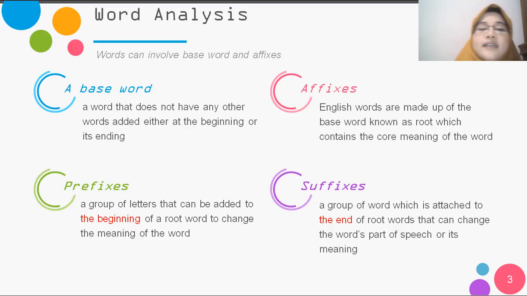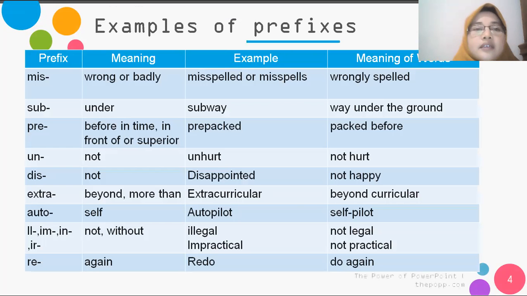Then suffixes are groups of letters attached to the end of root words that can change the word's part of speech or its meaning. So a suffix is added at the end of the word.